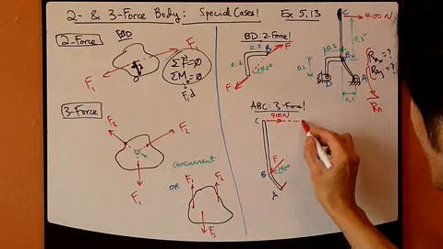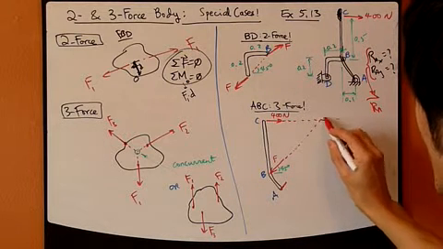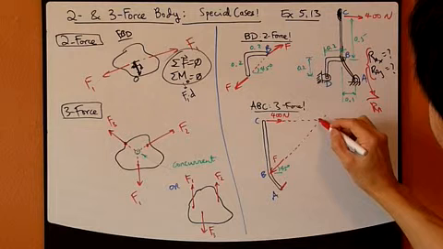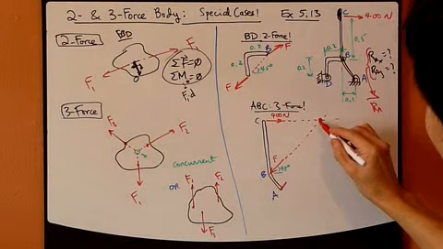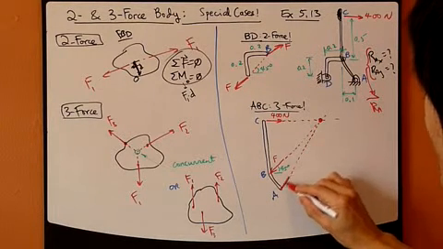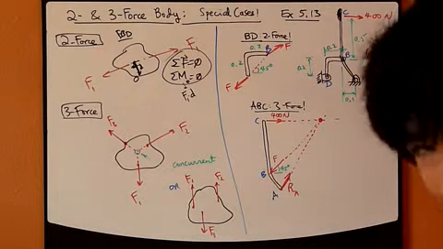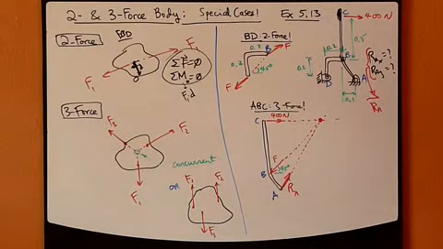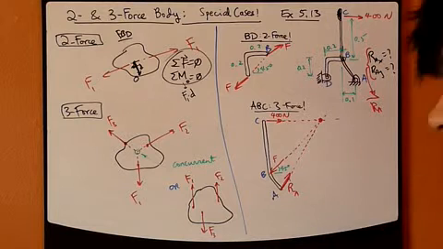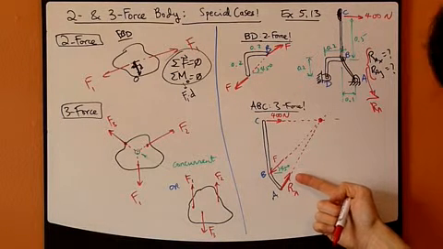So I'm going to extend these two lines right here, where the join is exactly where the third force, this RA, is pointing. So that's how I figure out the direction of this RA.